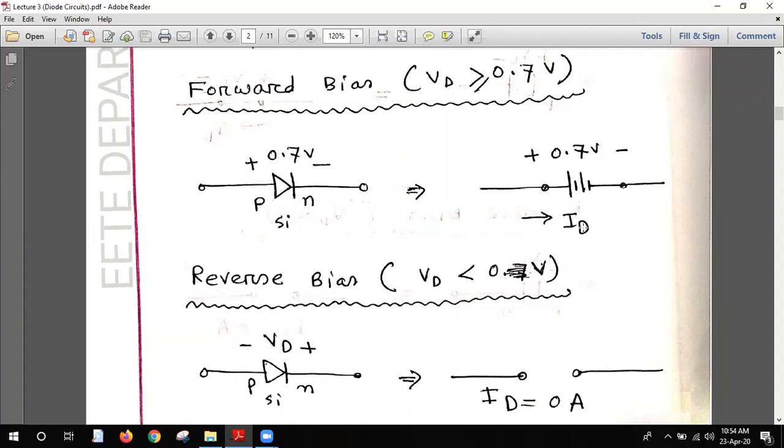Again, for the practical silicon diode, when it is forward biased, it will act like a 0.7 volt battery source, and the current will flow.